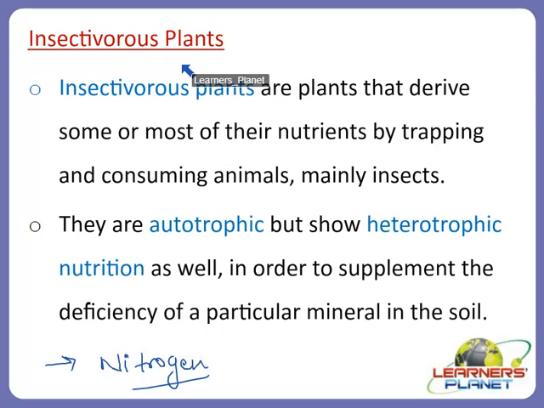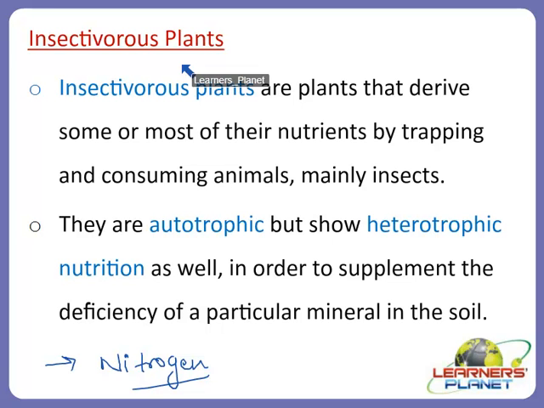And that is why, for their growth, they show the heterotrophic mode of nutrition. So basically they are called autotrophs because they are green in color, but digesting the insects and trapping and consuming other small animals is a type of heterotrophic nutrition.